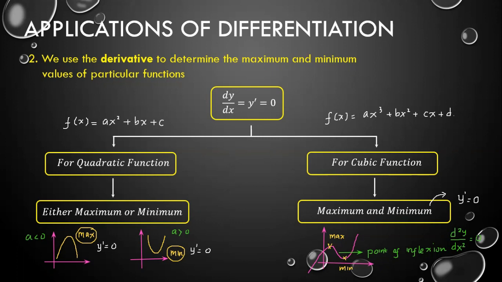Once again, for the cubic function, maximum and minimum points will be satisfied by the first derivative equals 0. But the point of inflection will be satisfied by d2y over dx squared equals 0. Commonly, we call this one the second derivative, or y double prime. Is it clear to everyone?